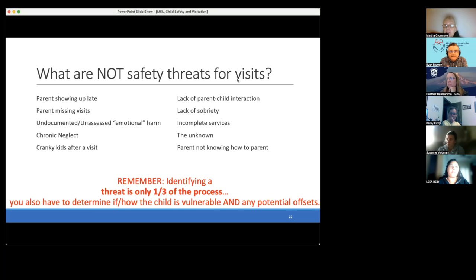So maybe they need some better therapy, or parent-child interactive therapy, maybe the visits need to happen in a therapeutic setting so that we can talk about that a little bit more and go from there. But if I were going to make the case that this were a safety threat, I would want to get that verified by a medical professional or a therapist. And bring that documentation, not just the foster parent's word or their experience, but put that in front of a medical professional and say, is this a safety risk or is this a long-term risk? Kind of putting it in those contexts. Thank you.